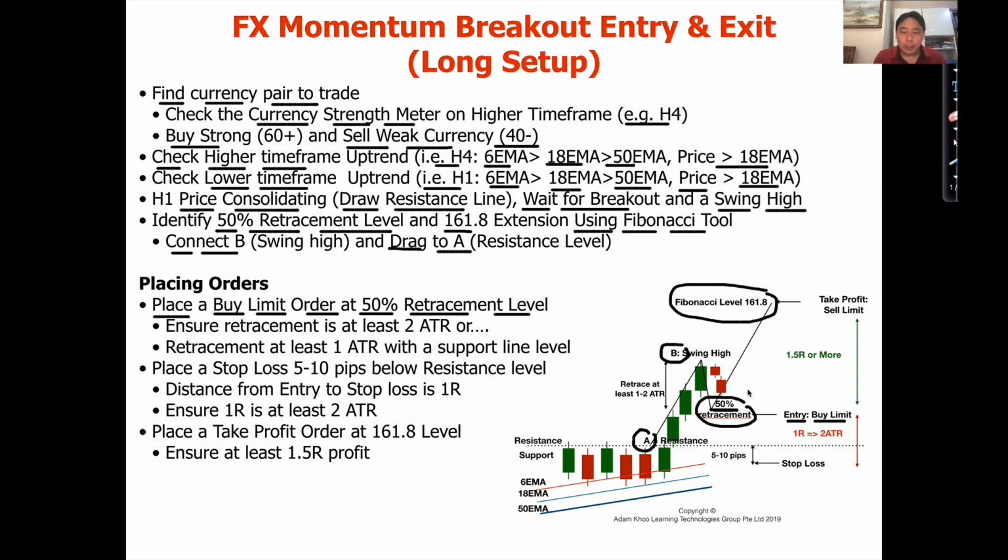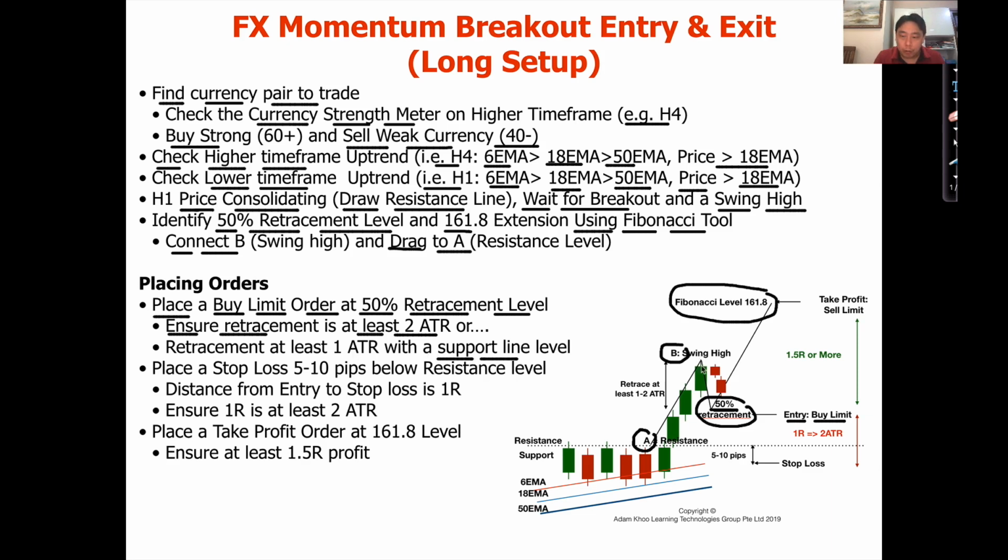The other thing to ensure is that the retracement, which means from point B to the 50% level, right? This retracement amount should be at least 2 ATR. Or if it is not a 2 ATR retracement, we can also take it, but there should be a level of support.